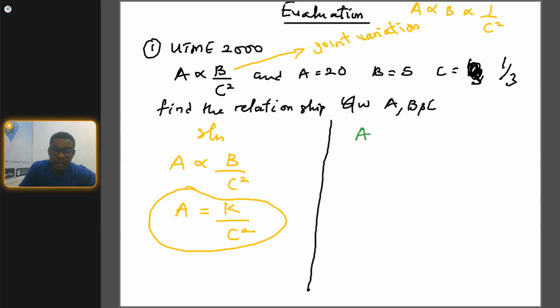You have A equals K B over C squared. So that means A is 20, K times B, which is 5, over 1 over 3 all squared.